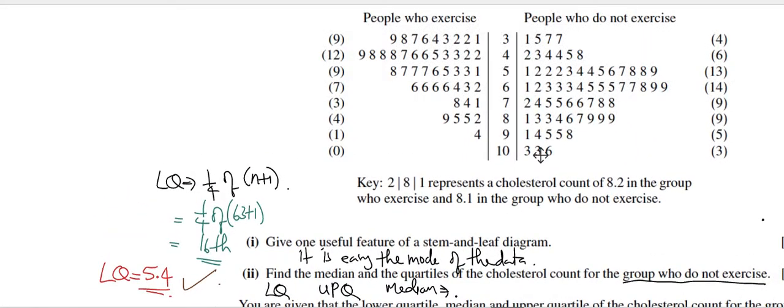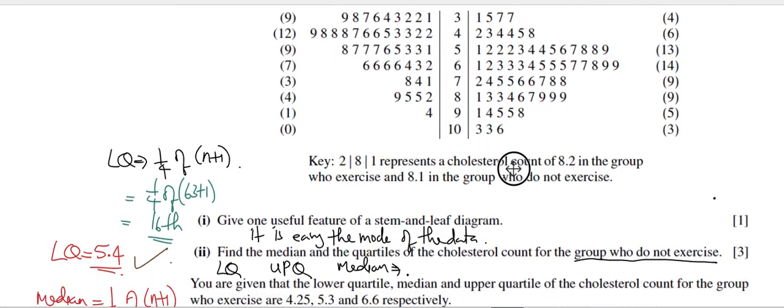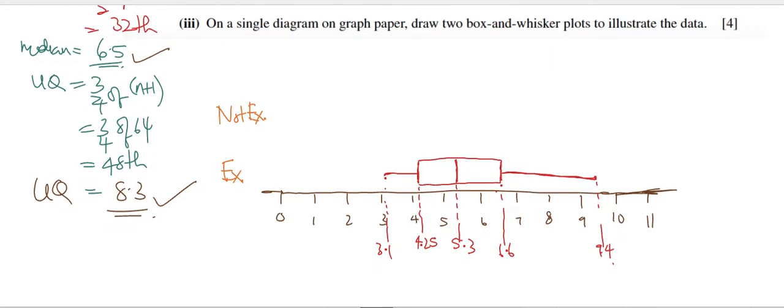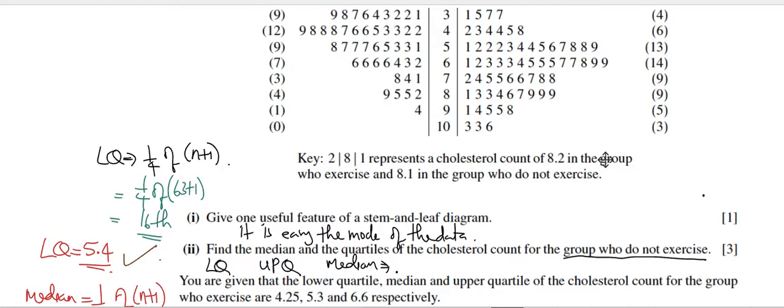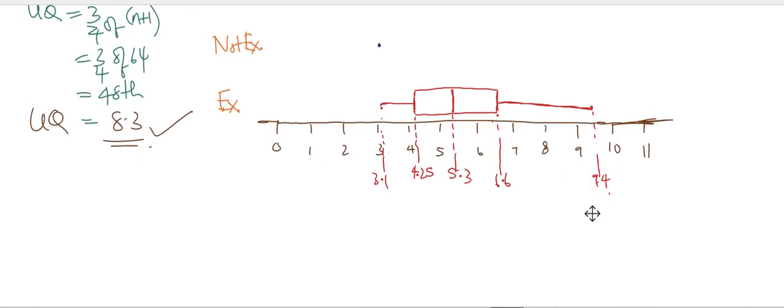The lowest value that I have is 3.1. Okay, 3.1. So again, it's the same value. So somewhere here, 3.1. And what's your highest value for non-exercising? 10.6. Yeah, that's 10.6. 10.5, maybe 10.6 somewhere here.